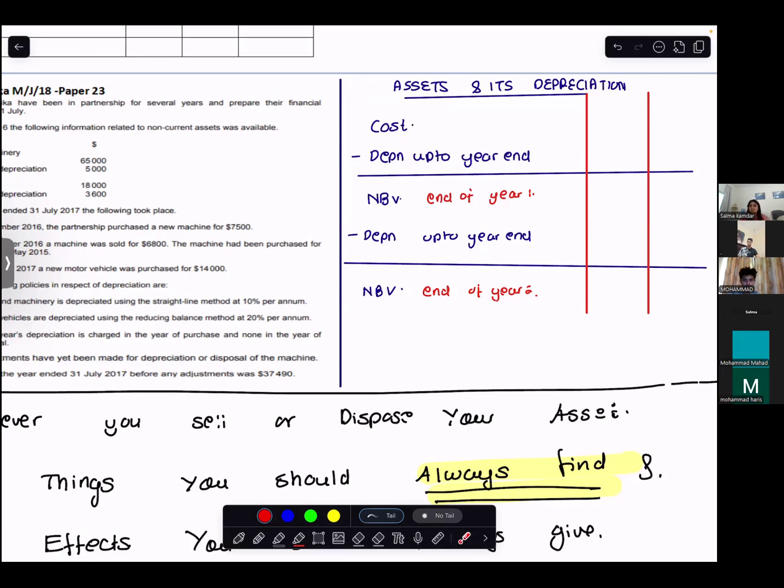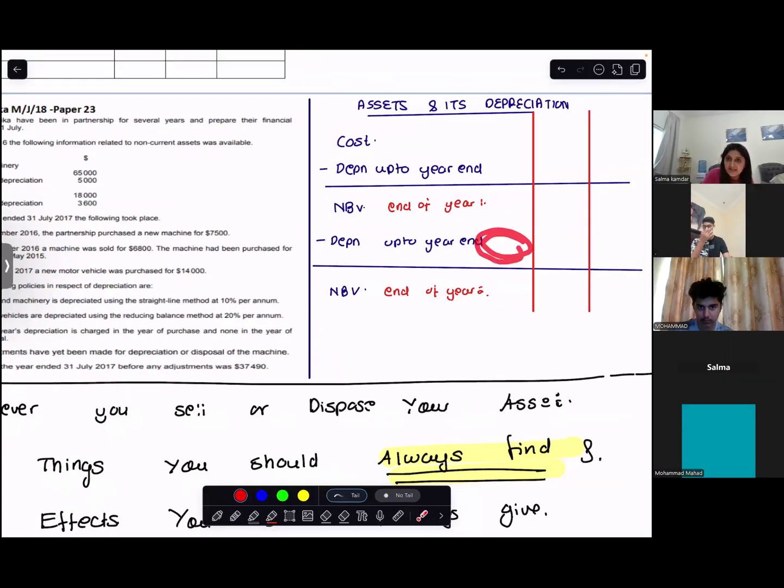If the depreciation is on cost, every year you will charge depreciation on this cost. So even in this year, if you have to charge depreciation, you will charge depreciation on cost. Are you with me? So cost minus depreciation is net book value.